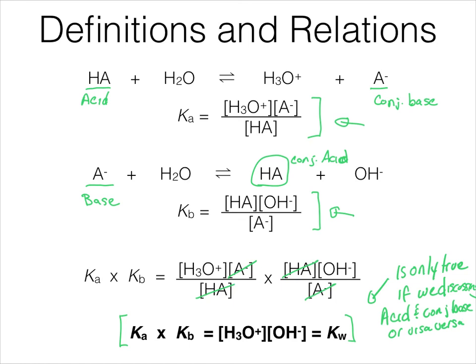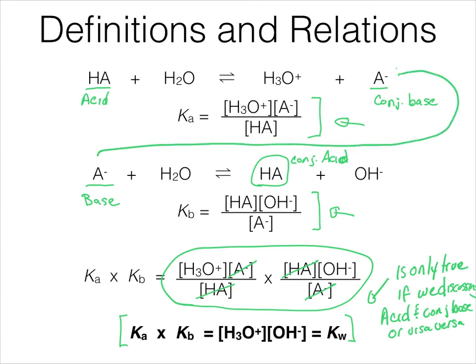Notice how, in order for this to be true, this cancellation had to happen, which means that Ka and Kb have to be describing sort of the reverse reaction, where the conjugate base for one reaction is the same thing as the base for the other reaction.